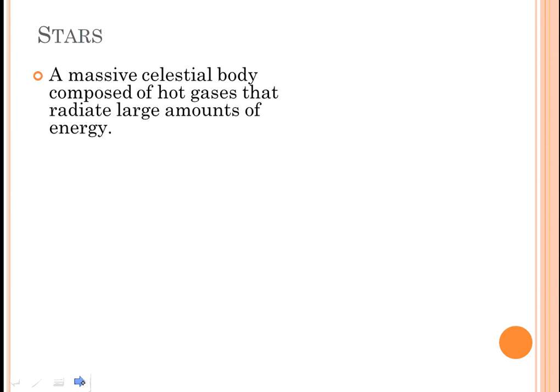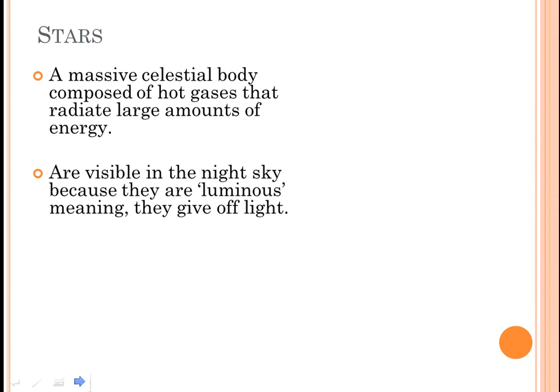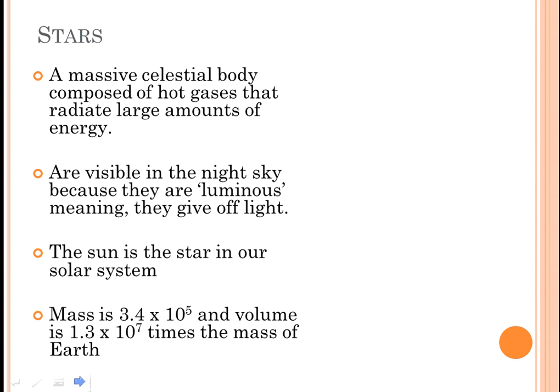So very quickly, let's just look at stars, and basically stars are just big bodies made up of hot gas, lots of energy, and they give off light, so therefore they're luminous. And of course, the most important star to us is our sun. And if we talk about size, and we will be looking at size, the mass is 1.3 times 10 to the 7 times the mass of Earth.